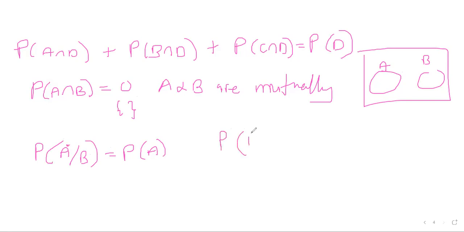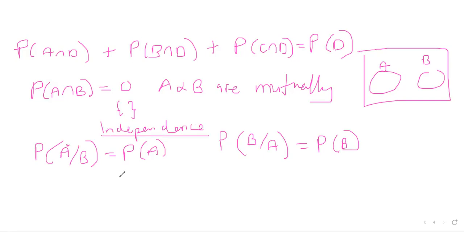In like manner, for B given A to be independent, B given A must still remain B. So this is the rule of independence. These are just rules. You need to remember them. You can use other letters if you want. Y given X: how do we know they're independent? If the probability of Y given X still remains Y, or if the probability of X given Y still remains X. Are we following?